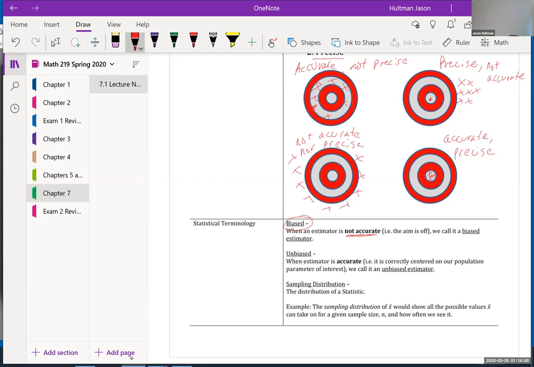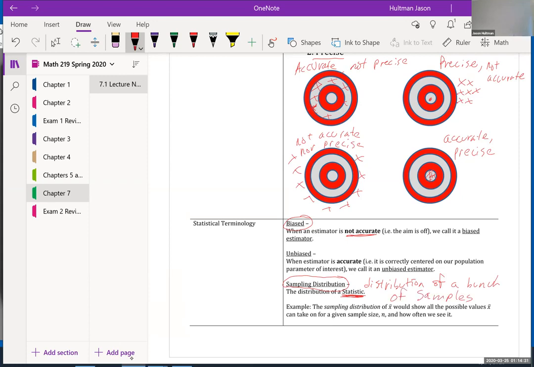Sampling distribution, the distribution of a statistic. Before, we had the distribution of just a sample. Now this is a distribution of a bunch of samples.